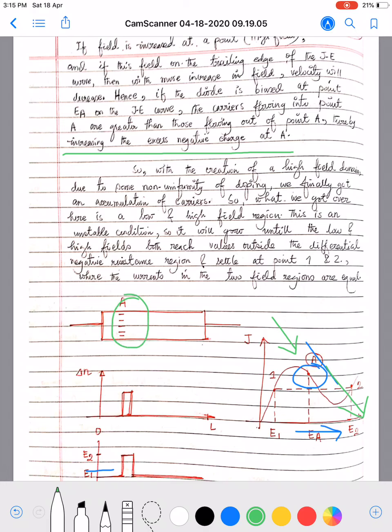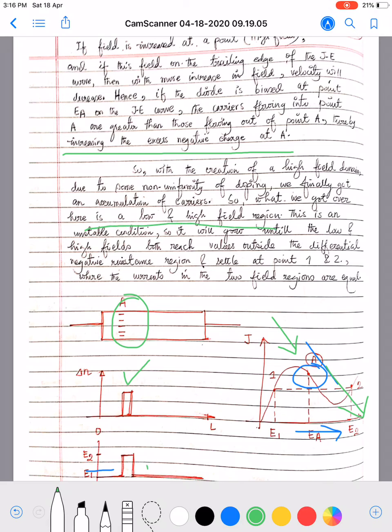So with the creation of a high field domain, as there will be an increase of negative charge, the intensity will increase, and the intensity increases up to a certain extent until a stability is found. So what we got over here is a low and high field region.